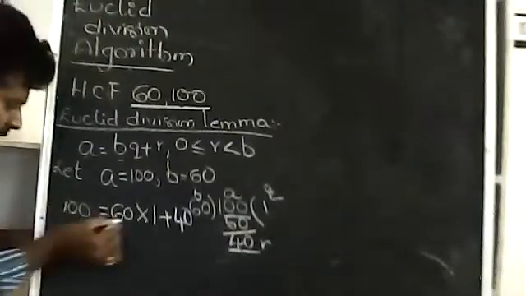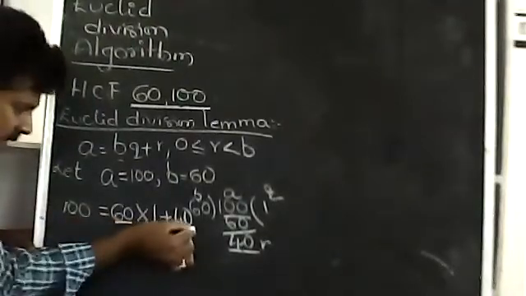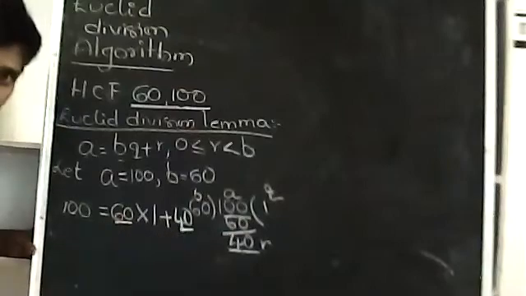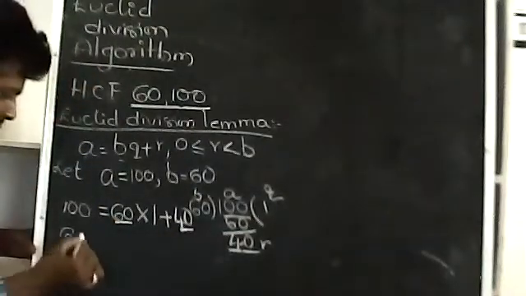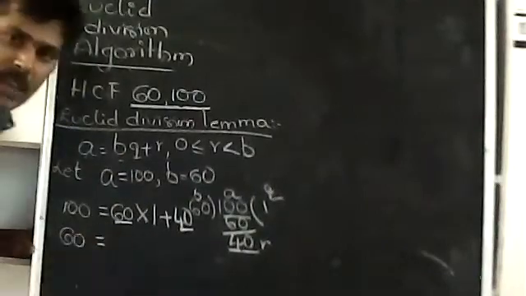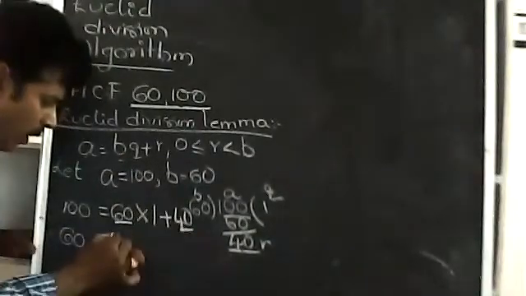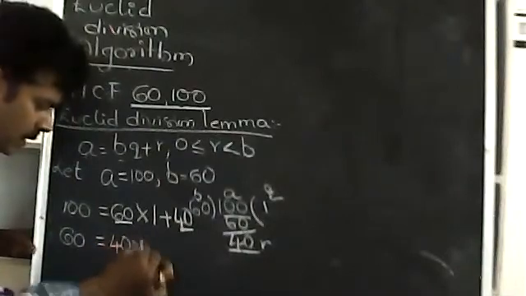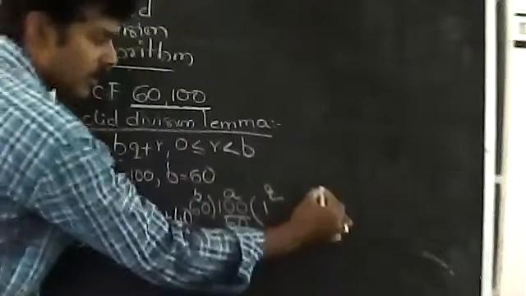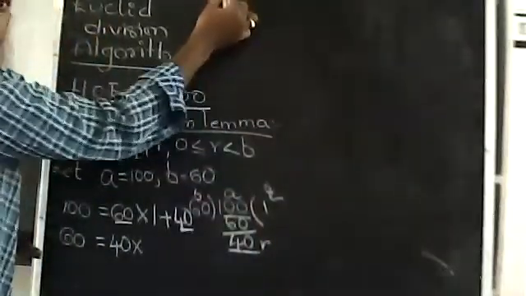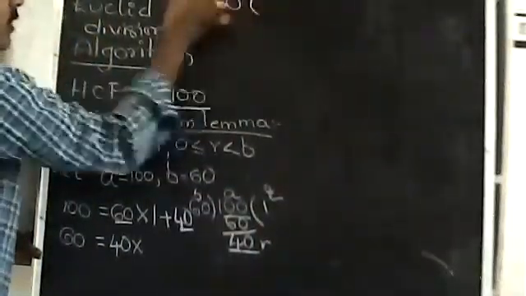Now in the next step, you have to find 60 and 40. In that, you take the highest number as A again, that means 60, and the smallest one, 40, as B. So again you have to divide 60 by 40.